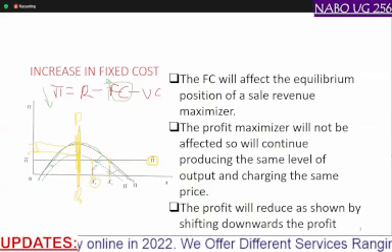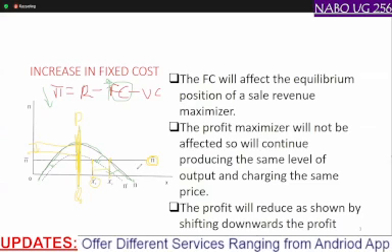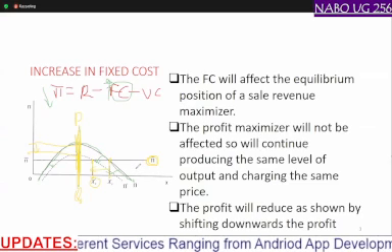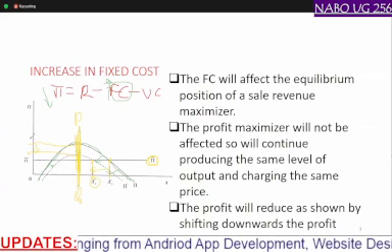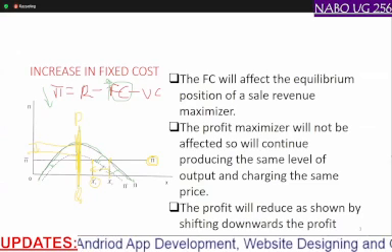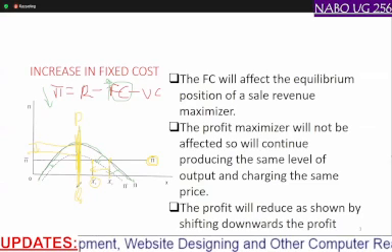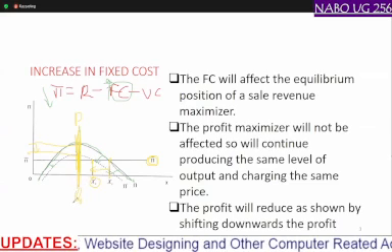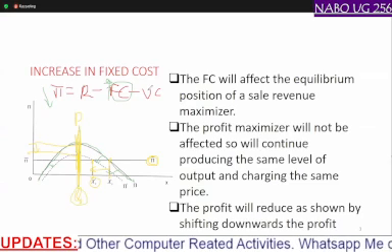But a sales revenue maximizer is forced to reduce the output to meet the condition they have set for him. But this fixed cost does not affect the profit maximizer.